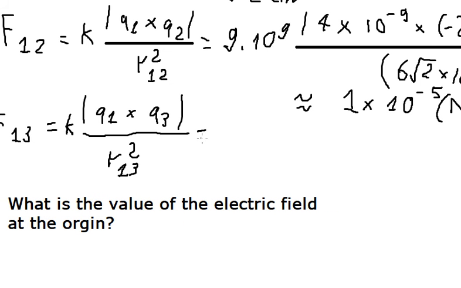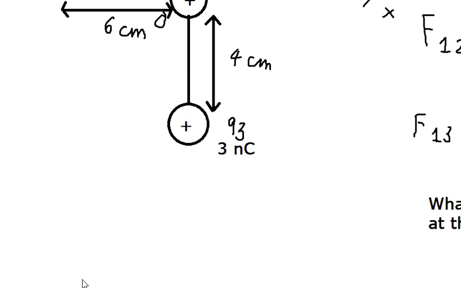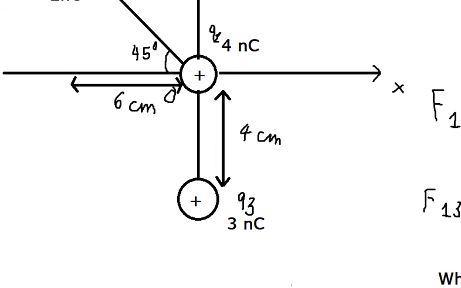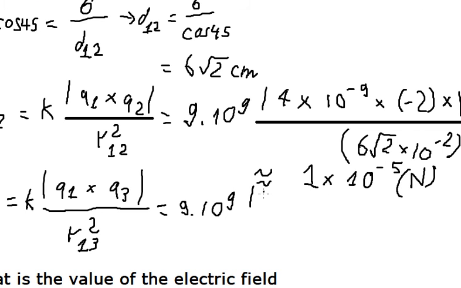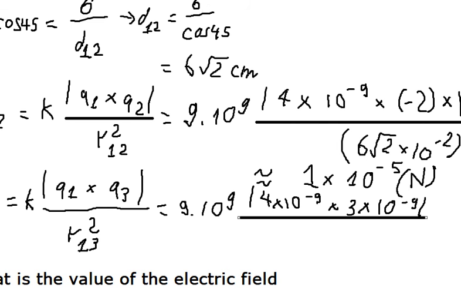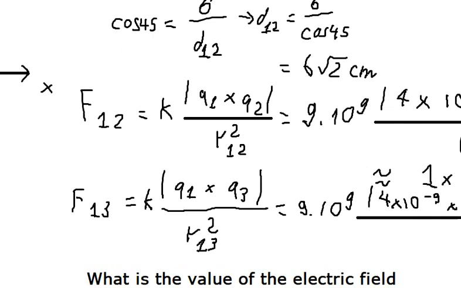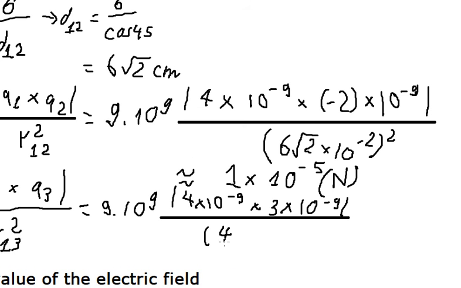So K should be 9 multiplied with 10 to the power of 9, and we have the absolute value of number 4 and number 3, and the distance is 4, so we need to put 4 multiplied with 10 to the power of negative 2, everything to the power of 2.